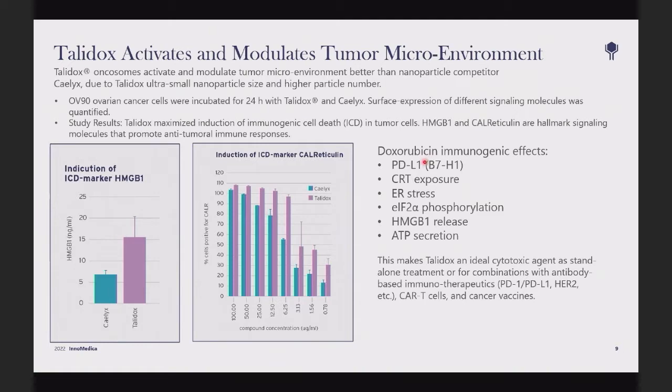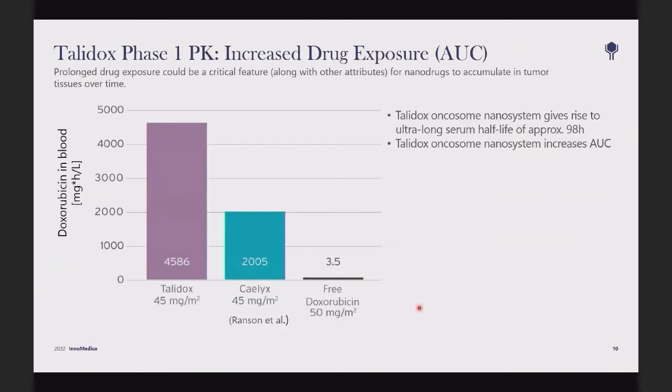Generally, doxorubicin is well known to down-regulate PD-L1. So I think in a way, it's also quite a good immunotherapeutic. Probably one of the reasons why, like 70 years after discovery of doxorubicin, it's still one of the most used anti-cancer drugs. But other molecules are also triggered by the use of doxorubicin.